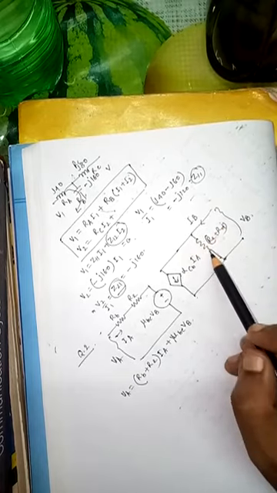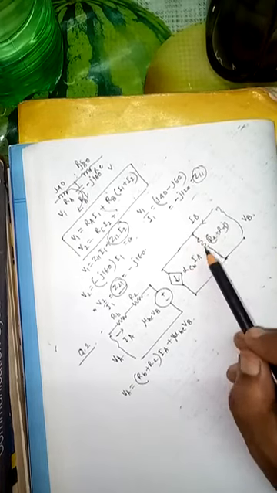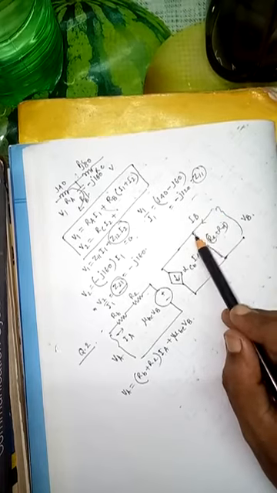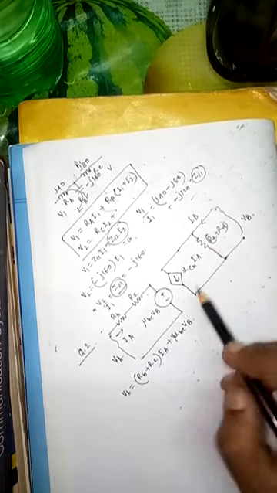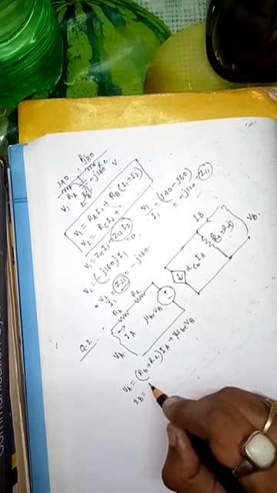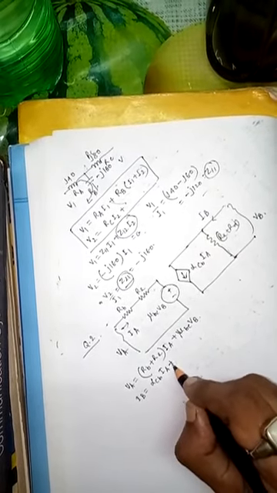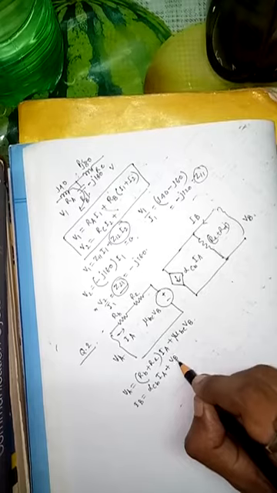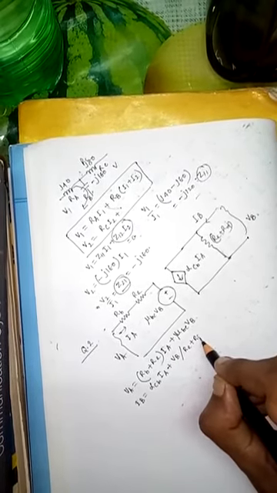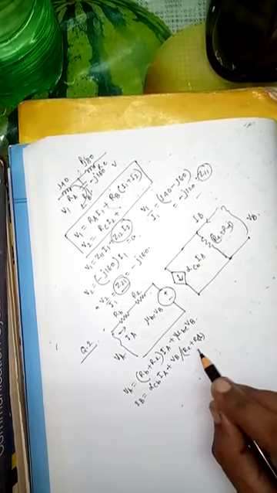IB is basically taking a division in this way, so VB by this resistance plus this current, that total is IB. So I can write IB equals alpha CB IA plus VB divided by RE plus RD.